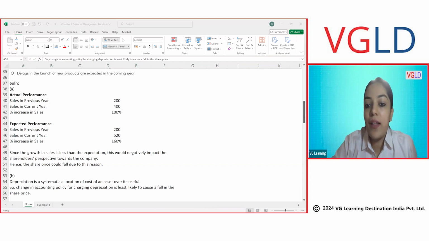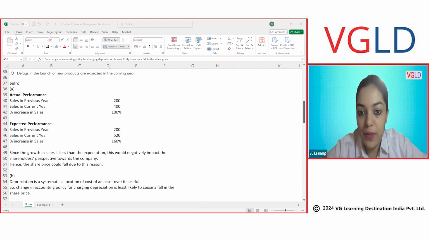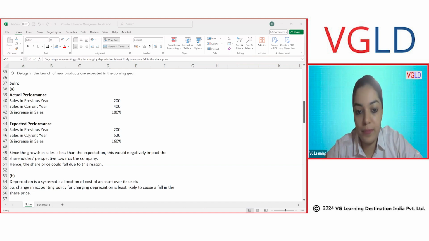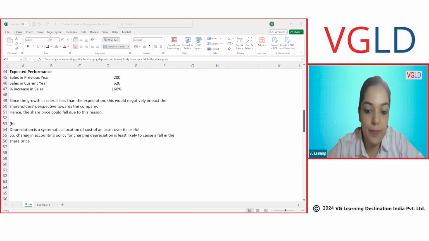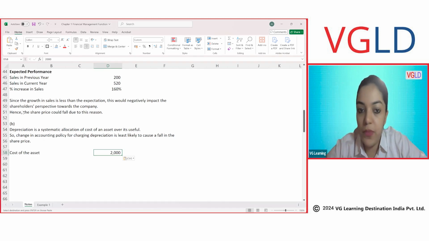Think about it, Shivani. The total cost is the same. So let's say under one policy, okay, everyone listen to me carefully. Let me show you with an example, this one also. So let's say, again imaginary numbers, the cost of the asset is 2000.